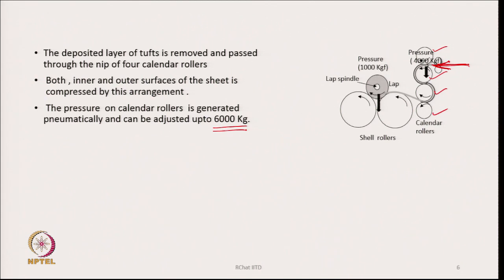This force is acting on the sheet of material because we want to compress the sheet. Once it is compressed, the sheet has got a certain amount of structural rigidity, some minimum amount of strength, so that we can now roll them in the form of a lap.